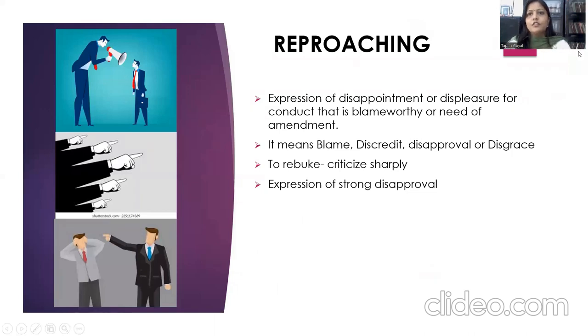Then the next term is reproach. Reproach is actually an expression of disappointment or displeasure for conduct that is blameworthy or in need of amendment. It means blaming someone, discredit, disapproval, or disgrace. It means to rebuke, criticize very sharply, an expression of very strong disapproval.